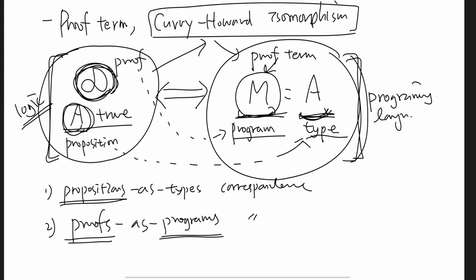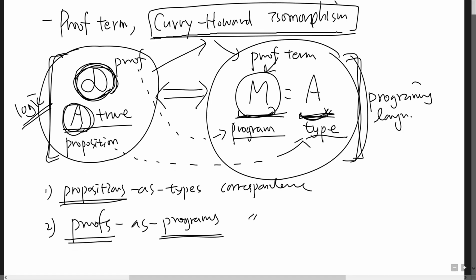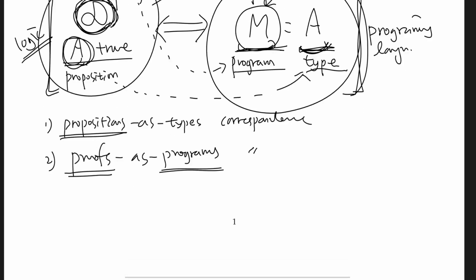Now, let's apply this Curry-Howard isomorphism to the system of logic we have developed so far, which is propositional logic formulated in natural deduction style.